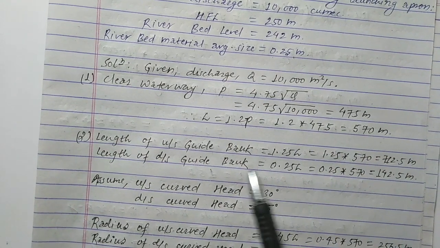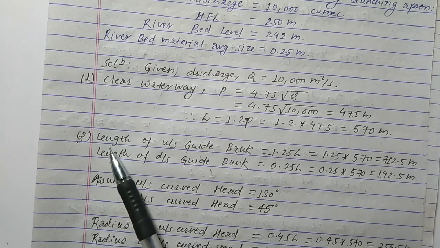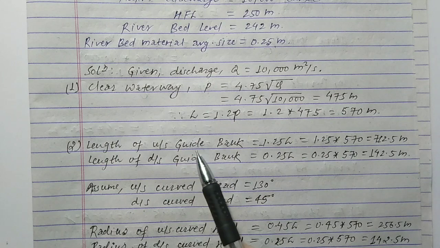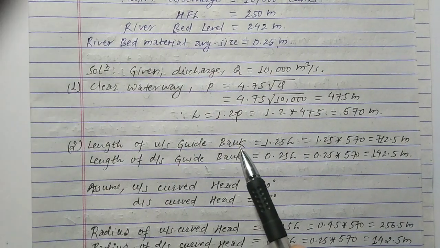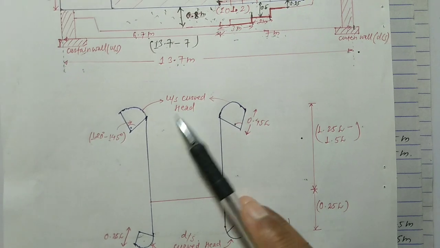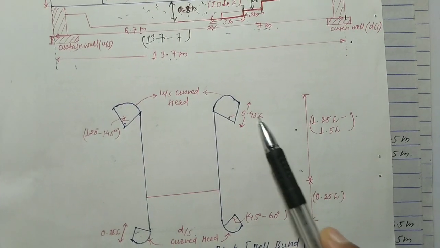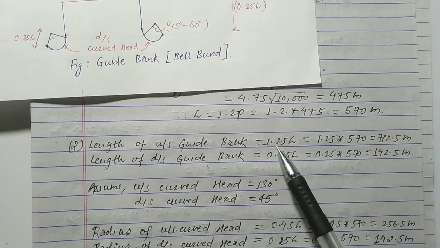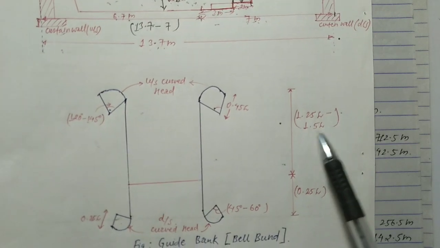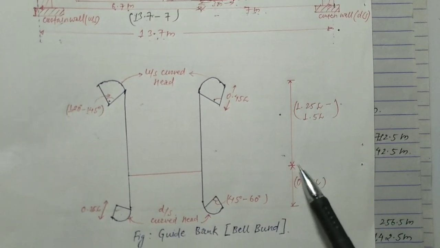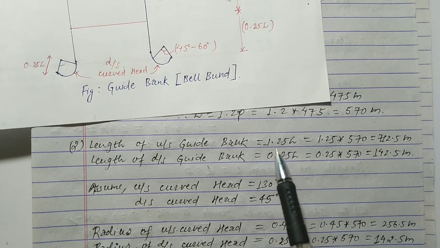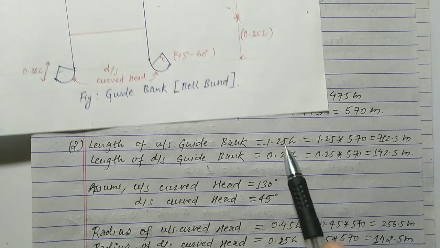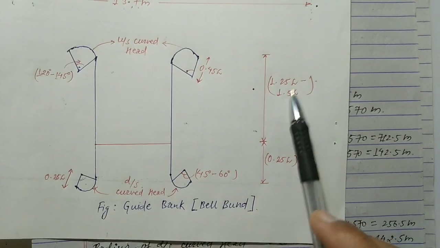After this we have the second design step. In this step we have to determine the length of the upstream guide bank. You can see in this figure we have to calculate this upstream length of the guide bank. This value is taken from 1.25 L to 1.5 L, and you can take a value in this range.